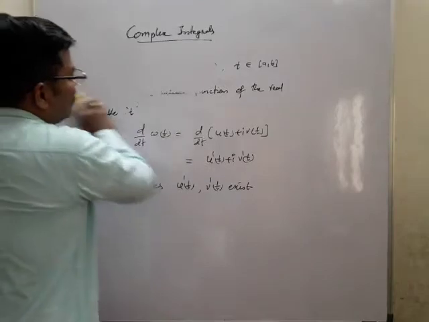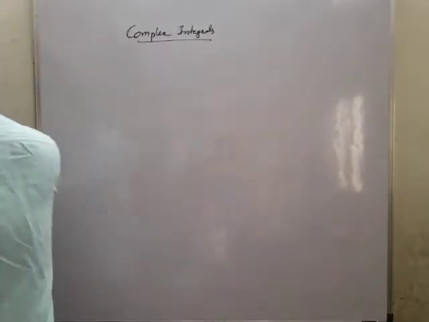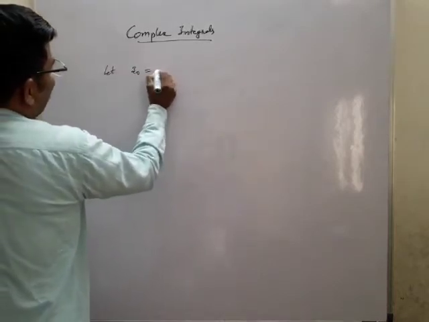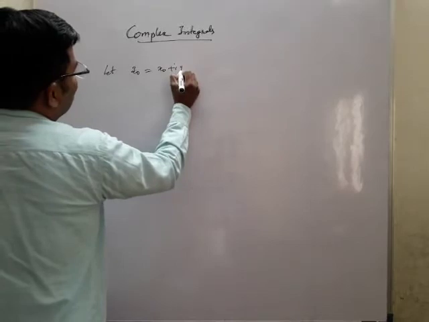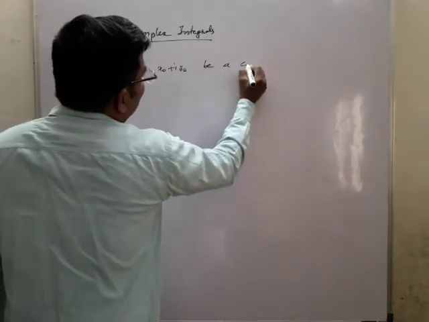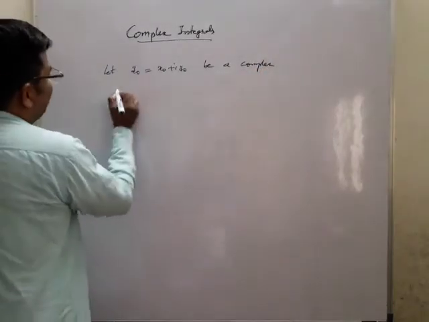Next, let z naught is equal to x naught plus i y naught be a complex number.